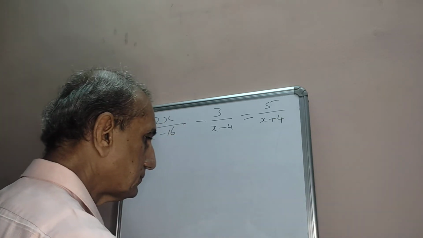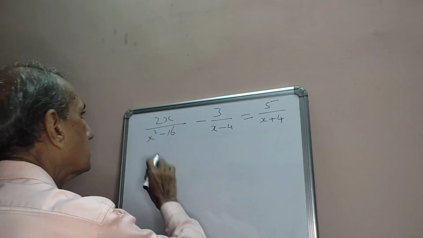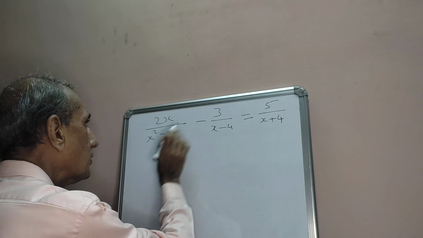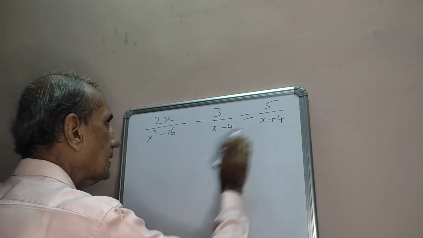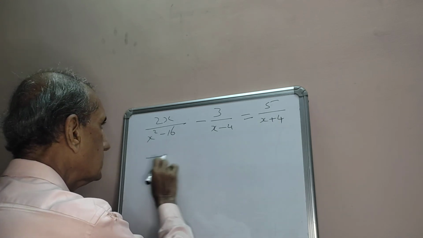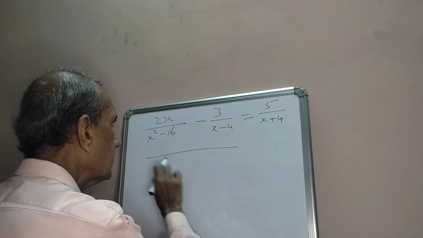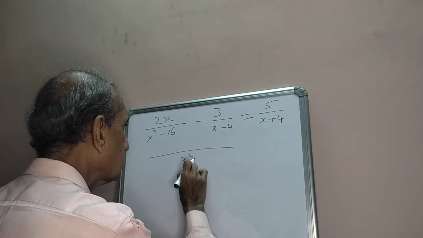Okay. Now again take the LCM. I'll solve this part first, then later I'll come to that part. So what is my LCM over here? It will be x squared minus 16.